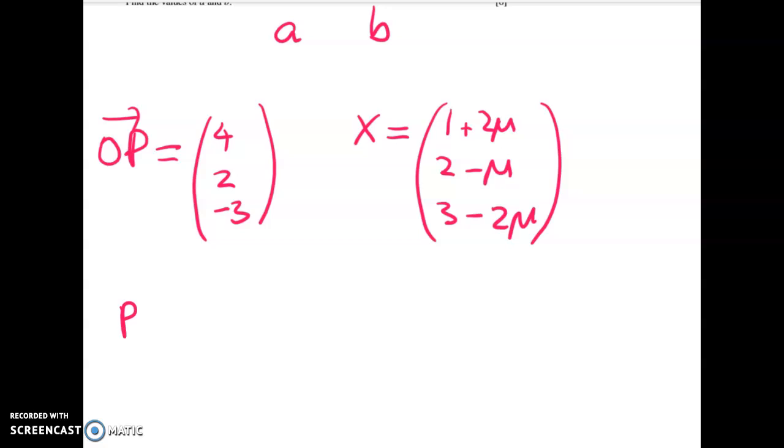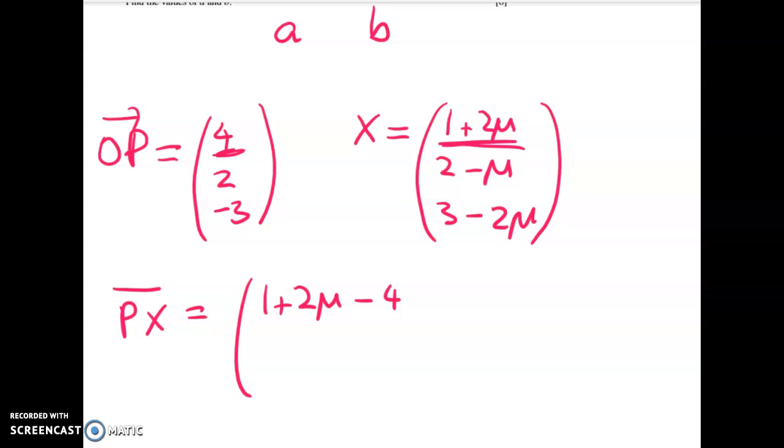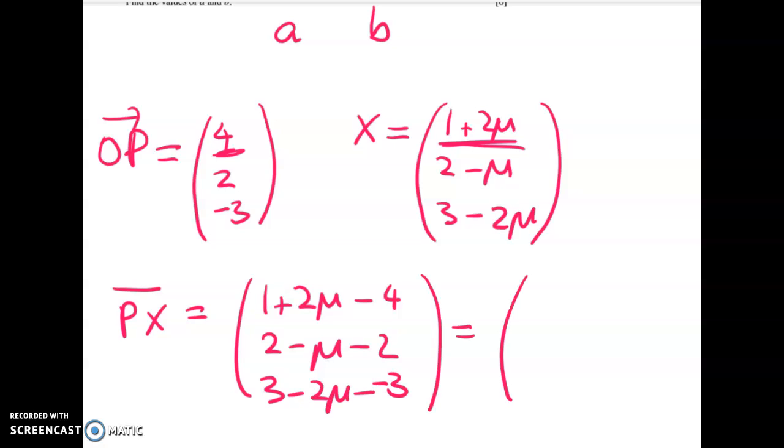So going from P to X, we take away my starting point: 2 - μ - 2, 3 - 2μ - (-3). That gives me -3 + 2μ, -μ, 6 - 2μ.